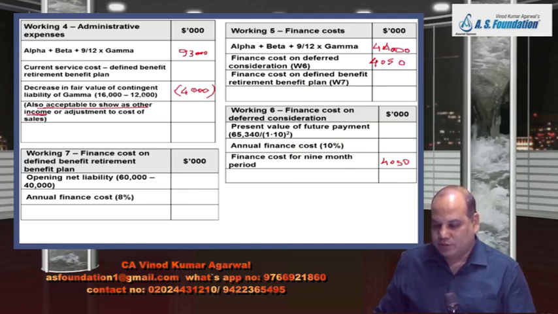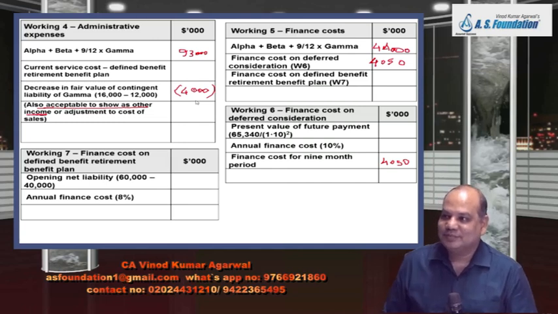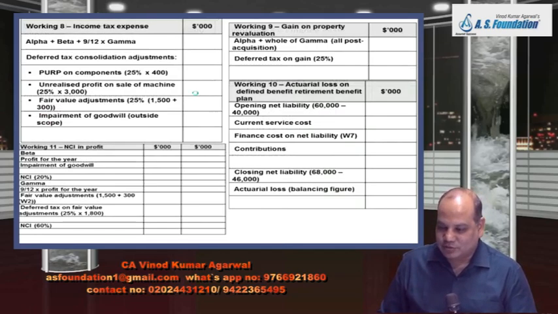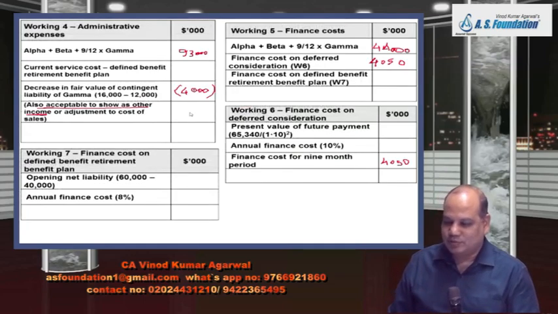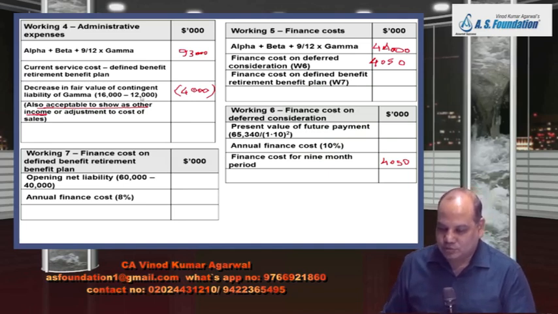Write a note that deferred tax implication on contingent liability is ignored. How much? 4,000 into? Write a note. Now, there is no harm. Write a note. Deferred tax. Your liability is reduced. Because we don't know how much is the tax base unless we know whether it is allowable, not allowable, etc.